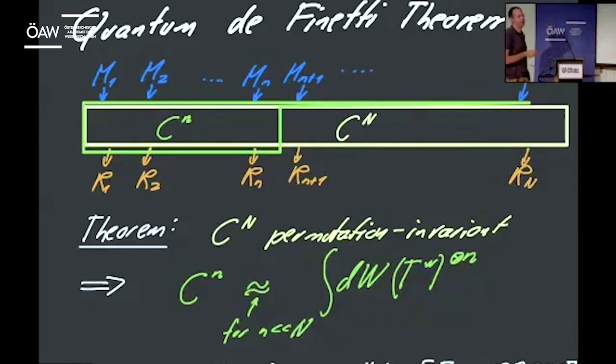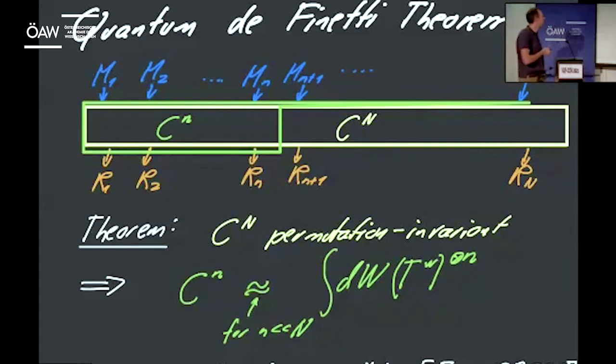Assume the map is permutation invariant. This is something that operationally can be realized by randomly permuting the input, and then when you retrieve the output, you apply the reverse random permutation. Then the resulting map is permutation invariant. This will be important. So permutation invariance is something we can enforce operationally.